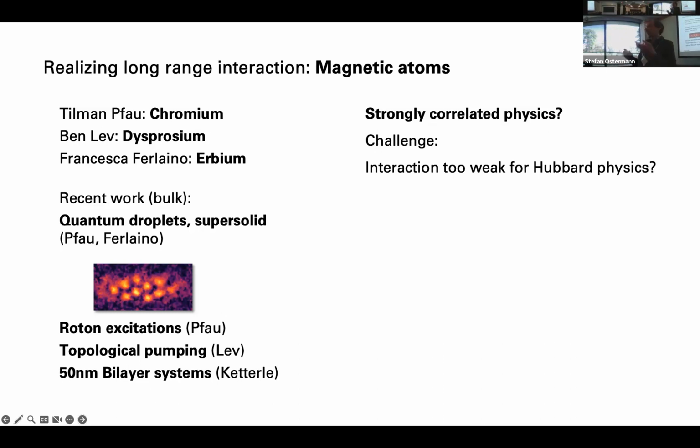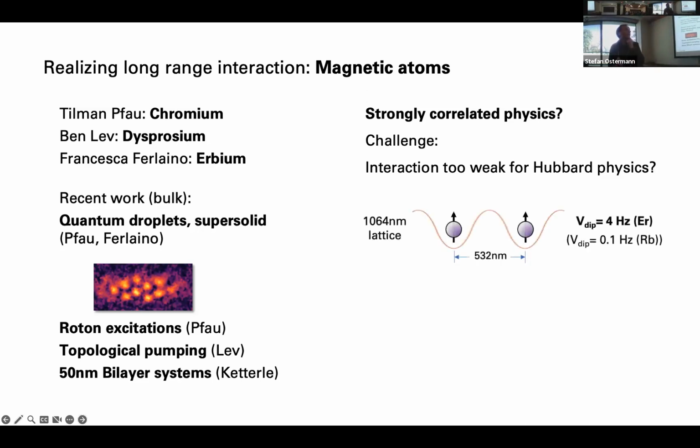If you have ensembles of atoms oriented the same way, then you get collective enhancement of these effects. But can we go into the strongly correlated regime where a single atom or single spin is now making all the difference in affecting the surrounding atoms in a strongly correlated sense? So that's the question.